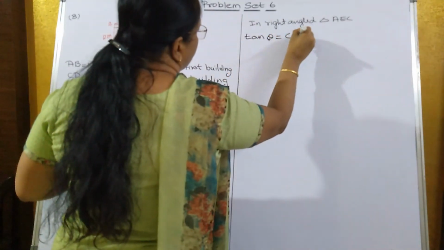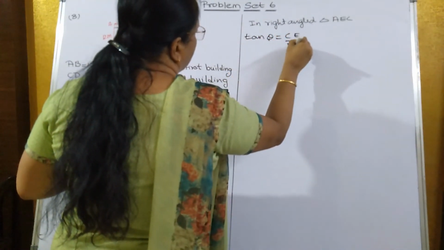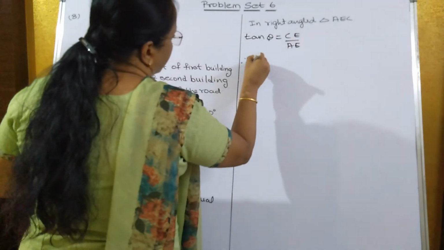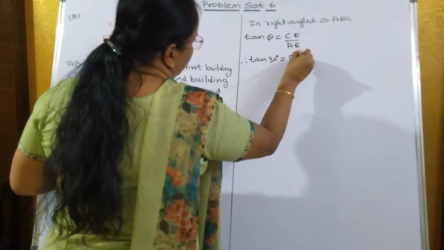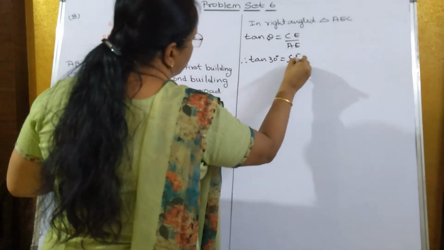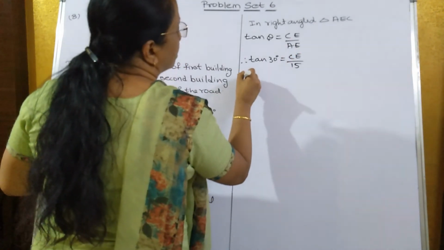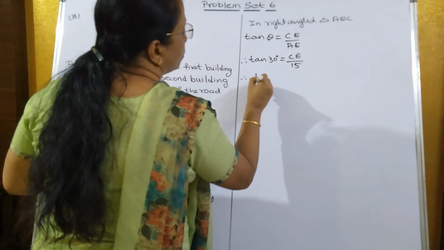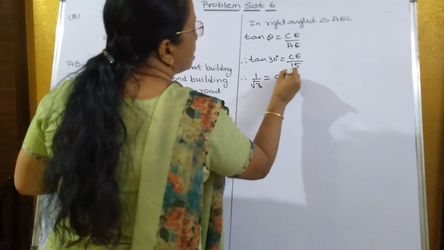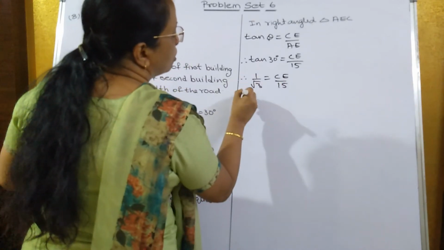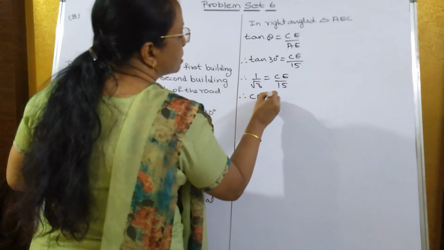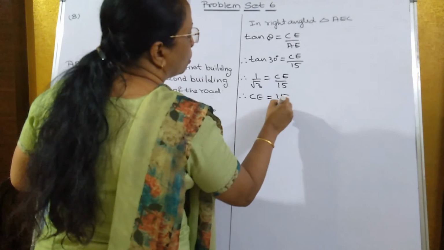Therefore tan 30 is equal to CE upon AE, AE is equal to how much? 15. What is tan 30? 1 upon root 3 is equal to CE upon 15. Now cross multiply, take this 15 over here. So what we'll get? CE is equal to 15 upon root 3.